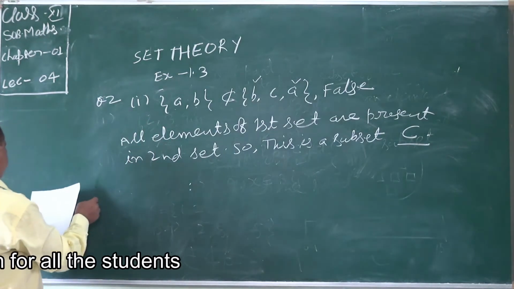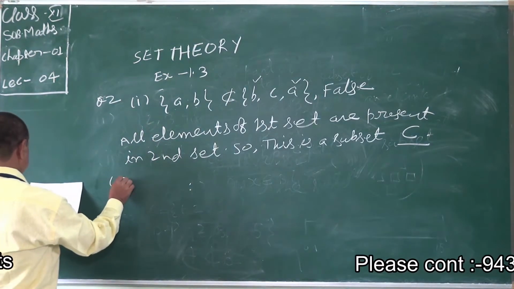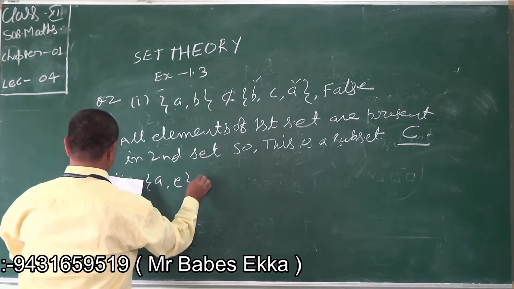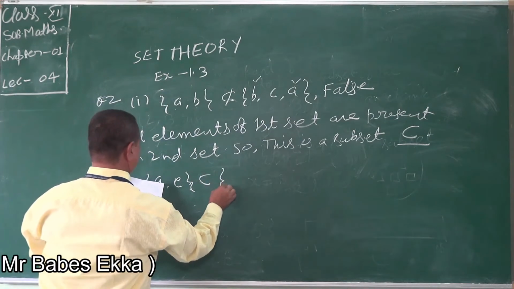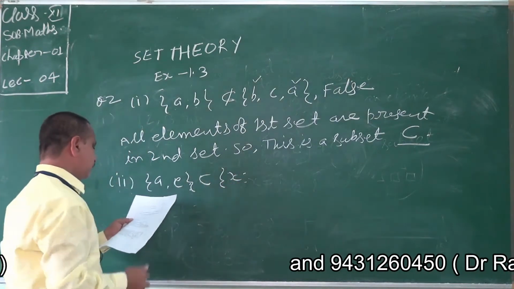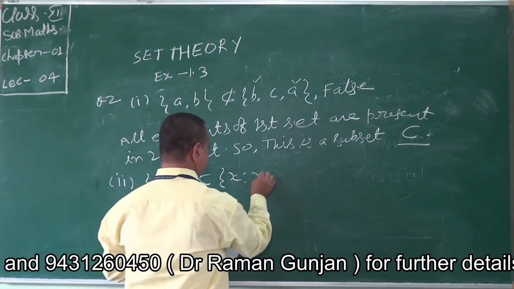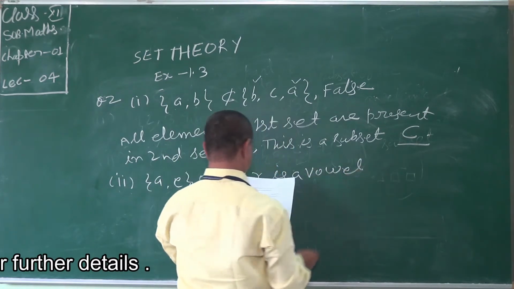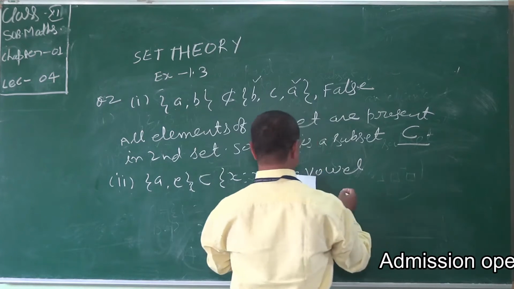Again, next your question is, second question, A, B is a subset of X such that X is a vowel in the English alphabet.